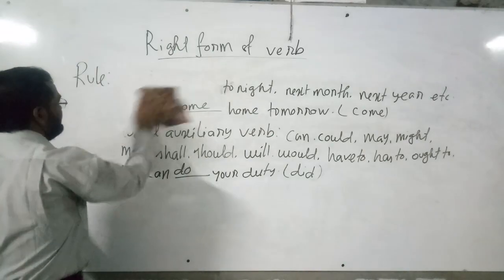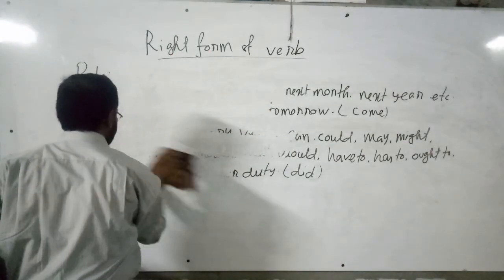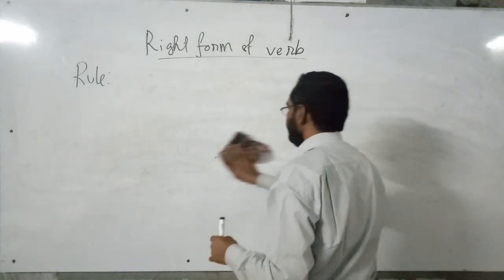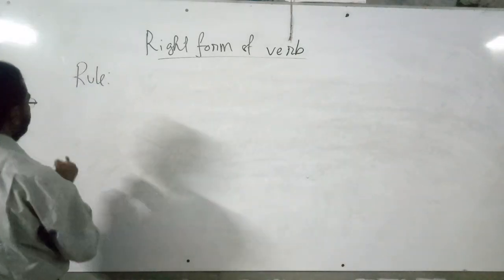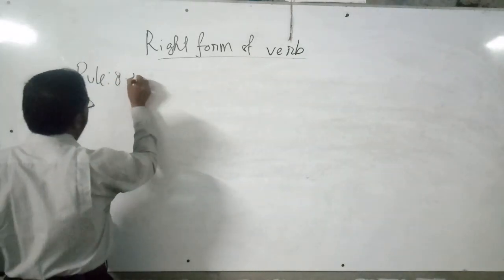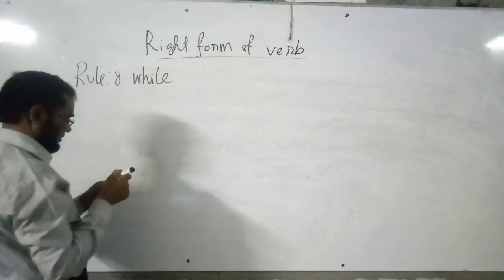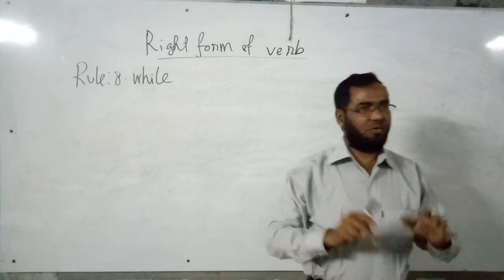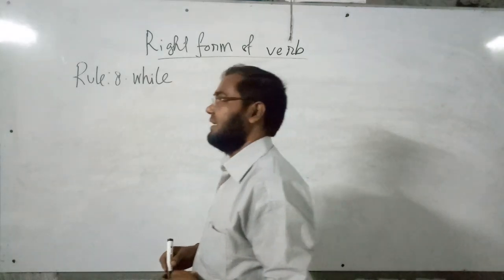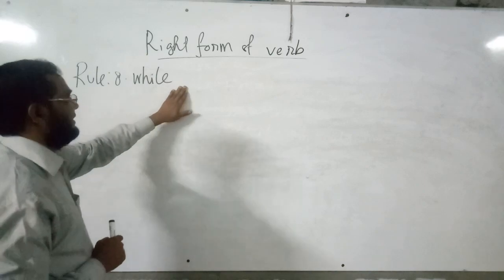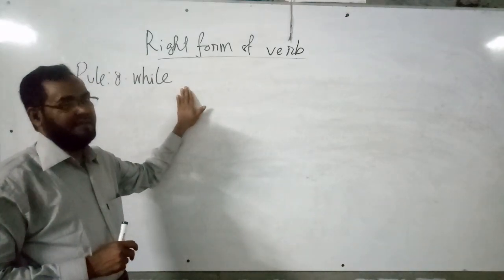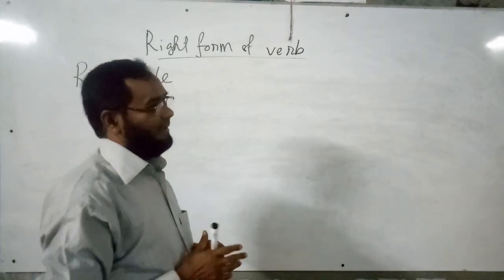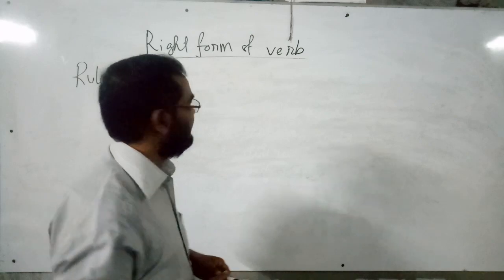Next, Rule 8. While. Whenever you find while in a sentence, and after the while, if you find the gap is given, you will use the gerund form of a verb.